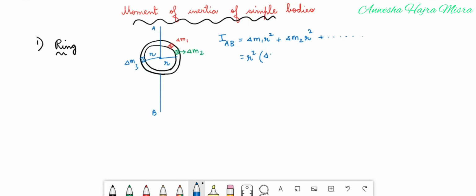We have delta M1 plus delta M2 plus so on. When all these masses add up, it gives the total mass of the ring, M.